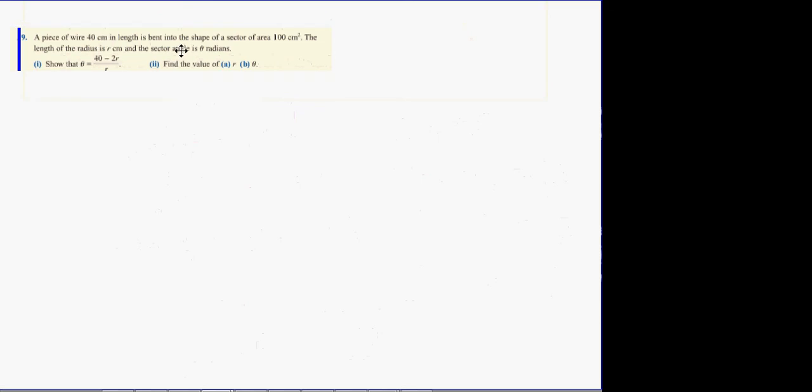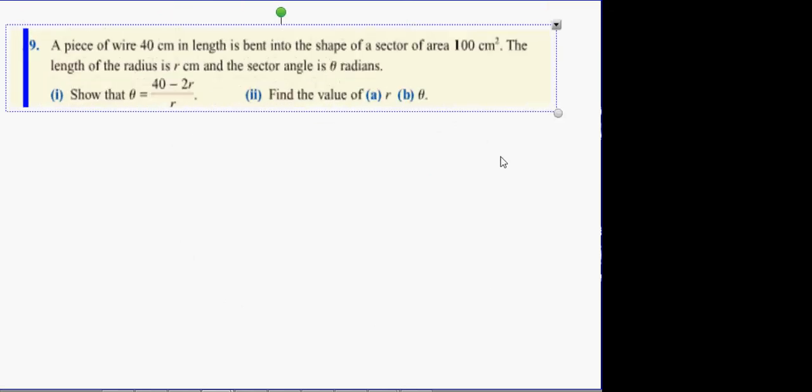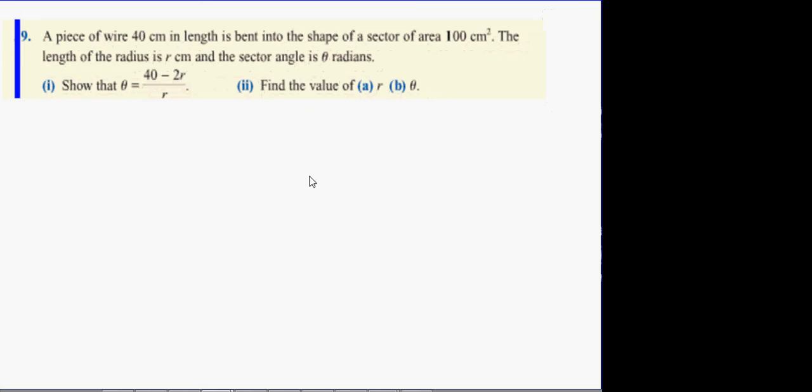Last one. A piece of wire 40 centimeters in length is bent in the shape of a sector of a circle. The length of the radius is r and the sector angle is theta radians. Show that theta equals 40 minus 2r all over r. Okay, you got your sector, like as shown.